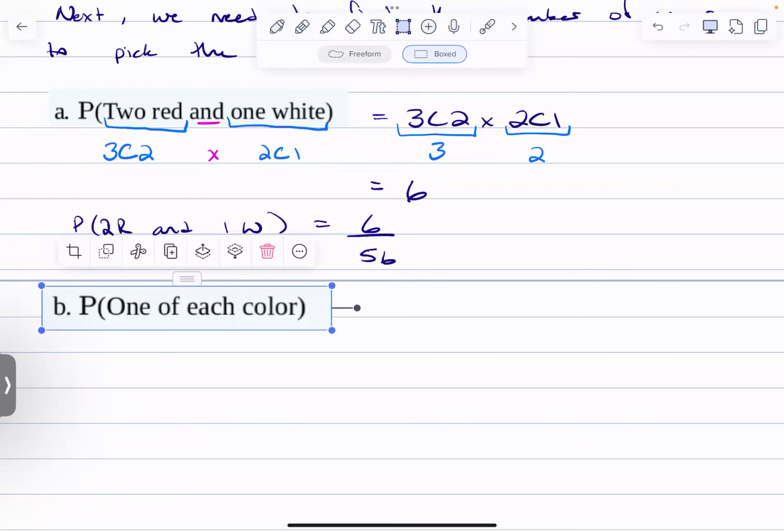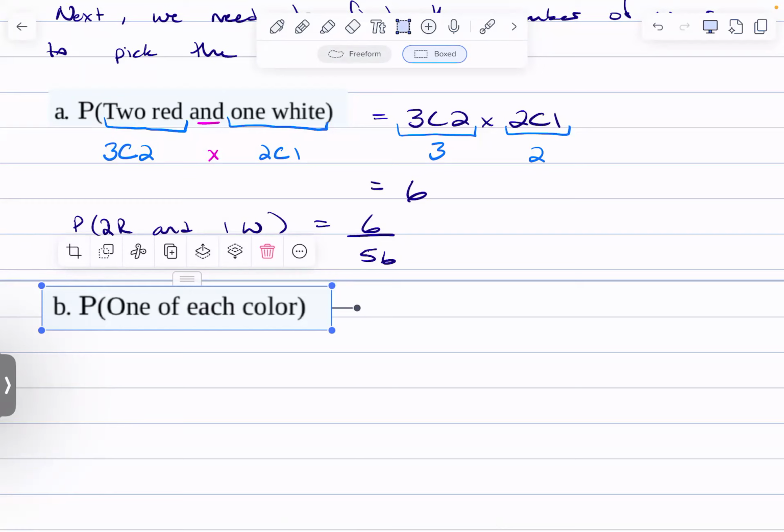One of each color. Now I have to force one of each color, and that's going to exhaust my 3. If I was drawing more than 3 and there were 3 colors, then there would be other options.